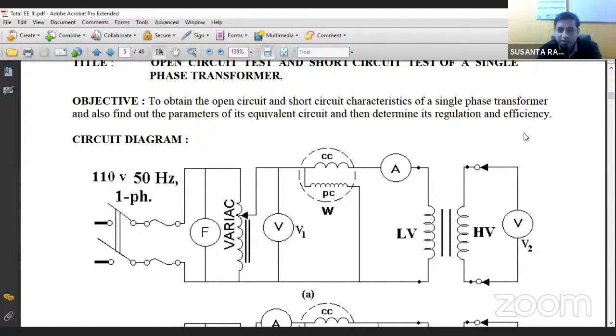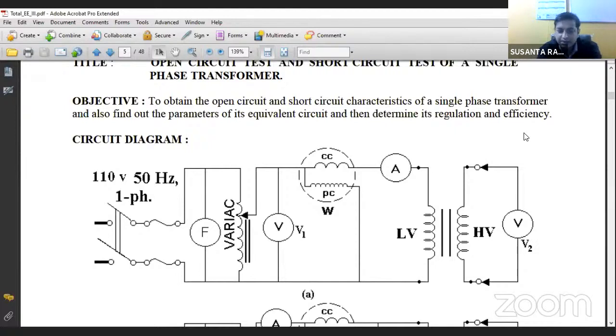So you can write that down. Today I don't have the whiteboard because I am taking this class from our department. So write down that in the open circuit condition, the transformer primary takes two components of current. One is the magnetizing current, which we write as IM, and another is the core loss component of current, or IC.